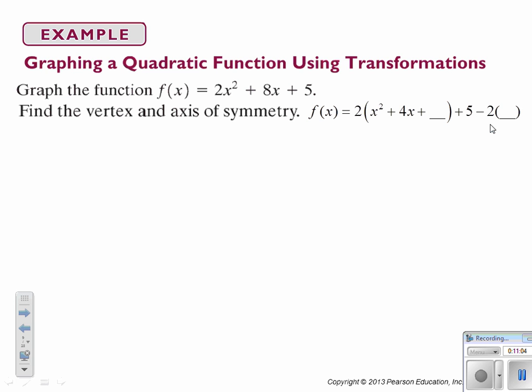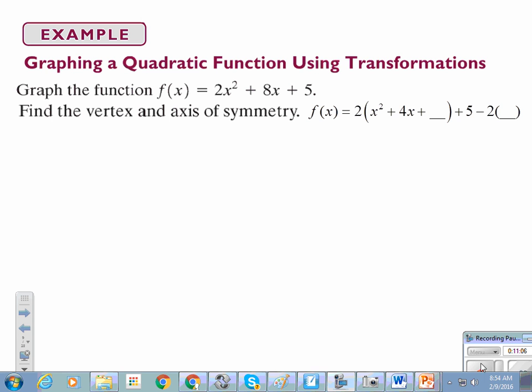So we're going to complete the square and find this value here. When I put it in here, I'm also going to put it at the end of my equation. So 4 divided by 2 is 2, and 2 squared is 4. In order to complete the square, you always take your b term, divide by 2, and square it.